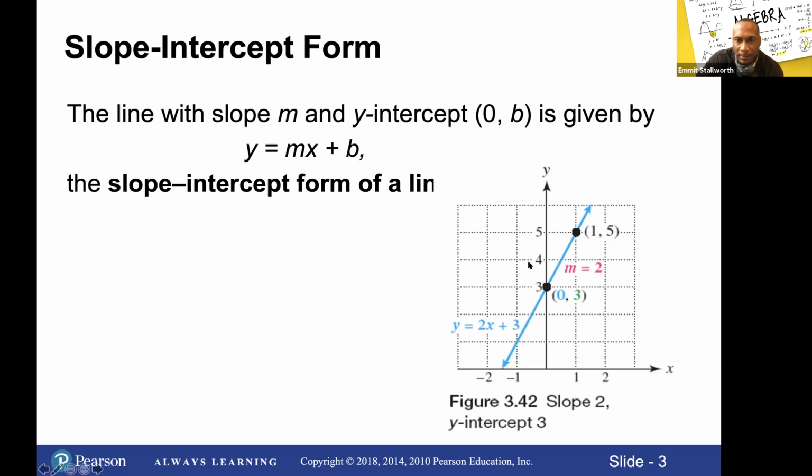As you see in this figure, you have the y-intercept, which is (0, 3), and then you have the slope. We look at the slope here, you go up 2, and then you run 1. So my slope is 2. So this line gives this equation, which is y is equal to 2x plus 3. That's why we got that.